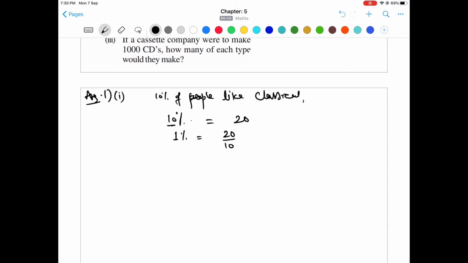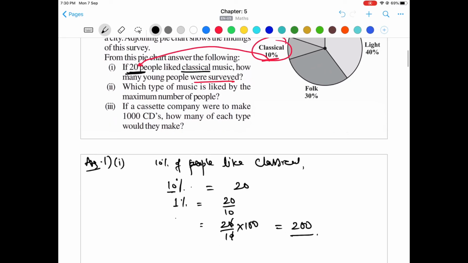So this will become 100 on this side and 20 into 100 divided by 10 on this side. So this 0 will cancel out the 0 here, and this 2 into 100 will be 200. So the answer is 200. There are 200 people who were surveyed for this music question.